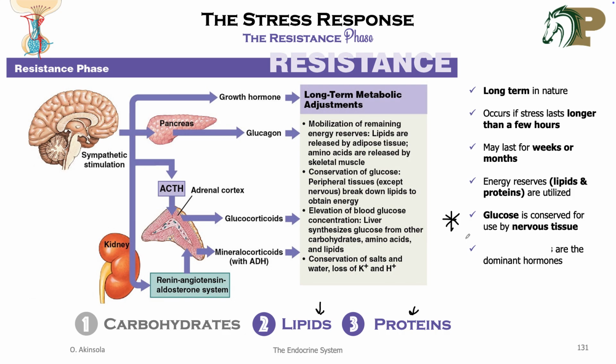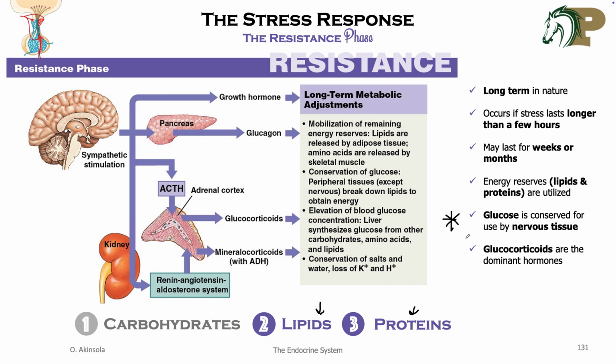For example, if a test question says something about glucose being conserved for nervous tissue, and asks which energy reserves are most likely to be utilized in this particular phase, the answer would be lipids and proteins.